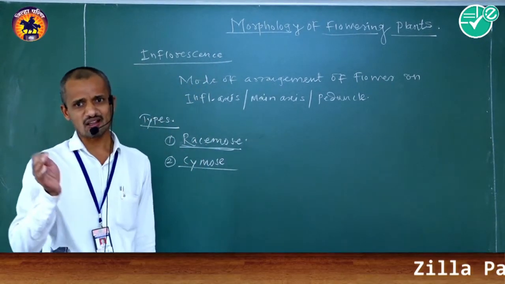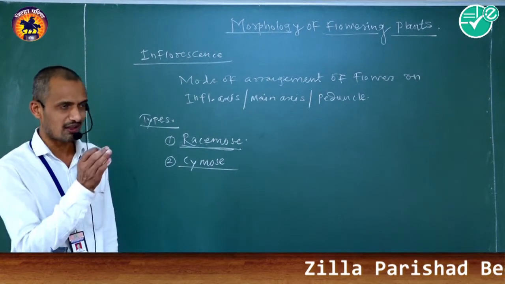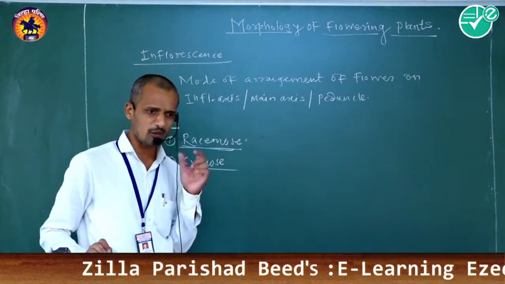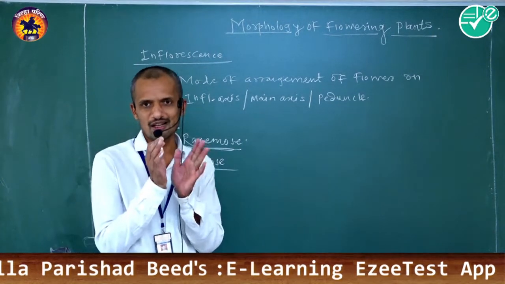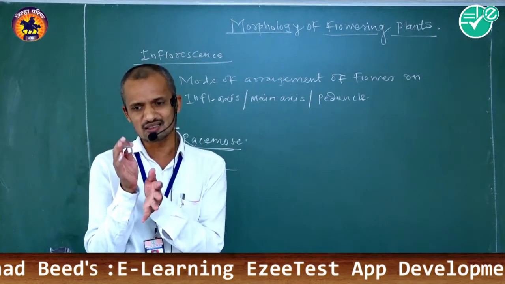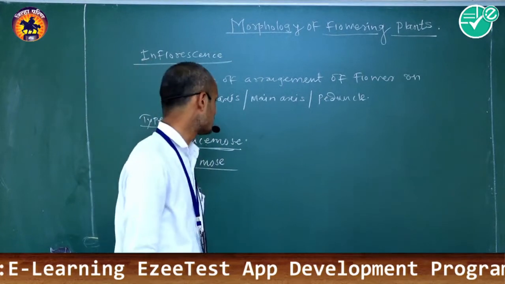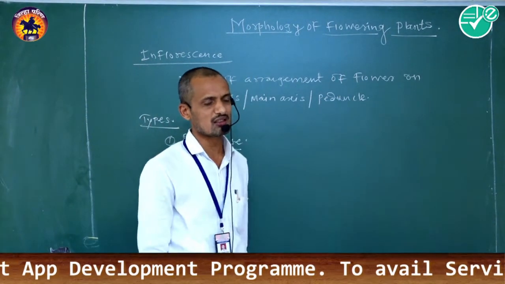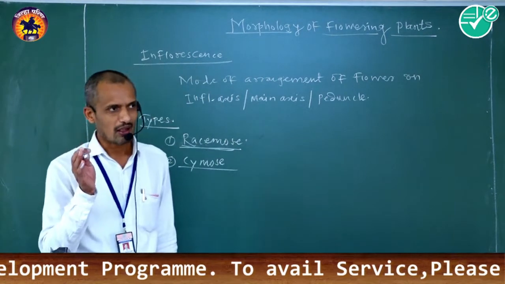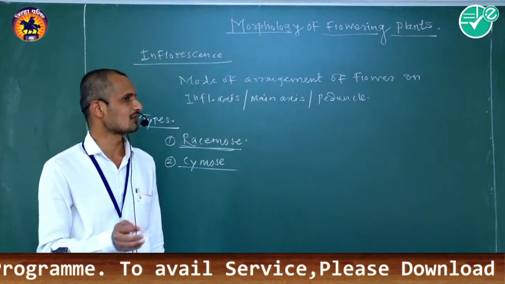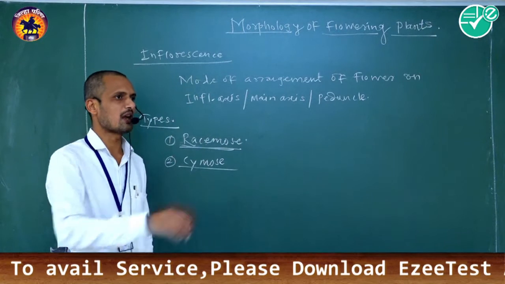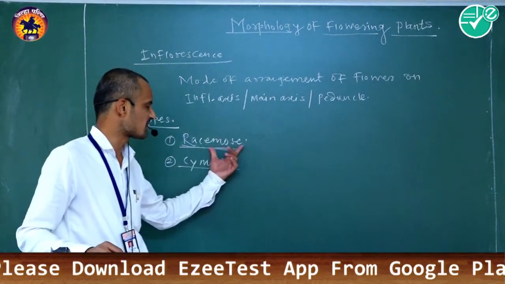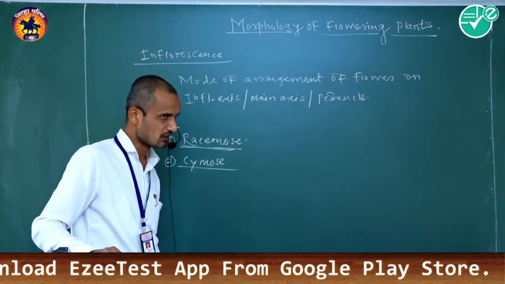Acropetal means the older flowers are situated at the base and younger flowers at the apex, that is acropetal succession of initiation of flowers, called racemose inflorescence.